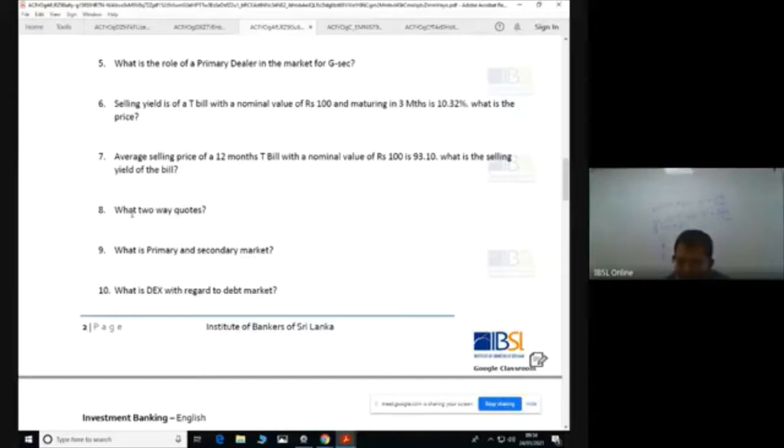But two-way quotes in relation to government securities, since we have learned government securities, relate to that 6% and 7%. So we know that in Sri Lanka we go by the percentage. So when it is percentage, you'll have to think about the pricing. So how do you do this?